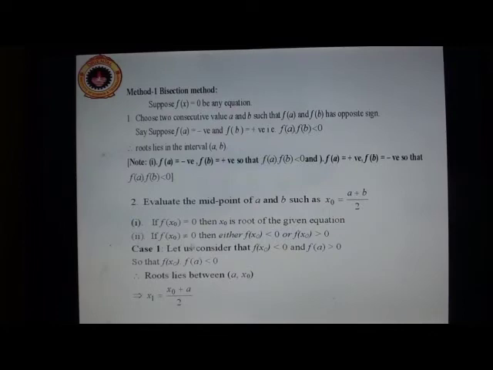But if f(x0) is not equal to 0, then either f(x0) is negative or positive. In case 1, let f(x0) be negative and f(a) positive, so the product f(x0)f(a) is negative. Therefore, the root lies between a and x0. By the bisection method, x1 = (x0 + a)/2 is the first approximation.